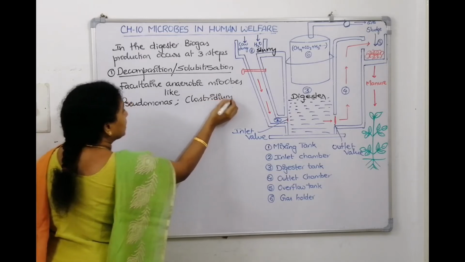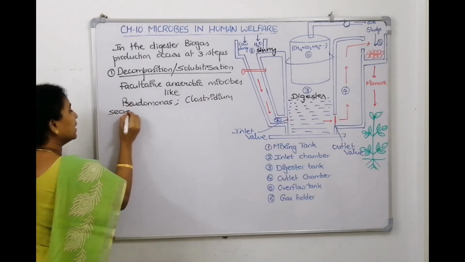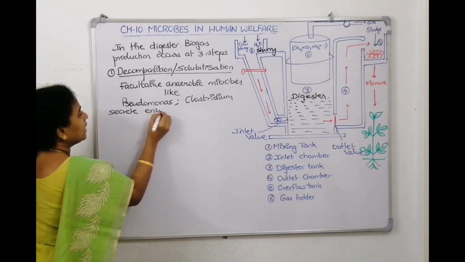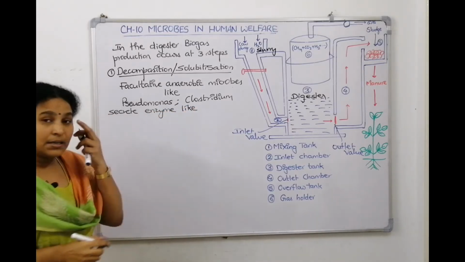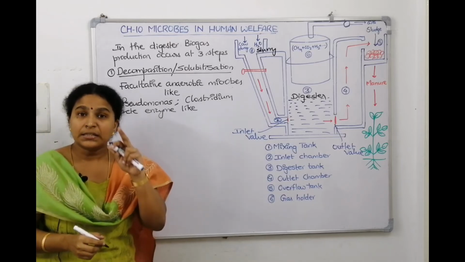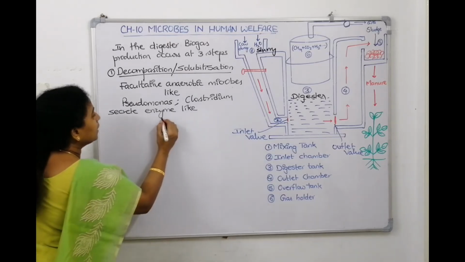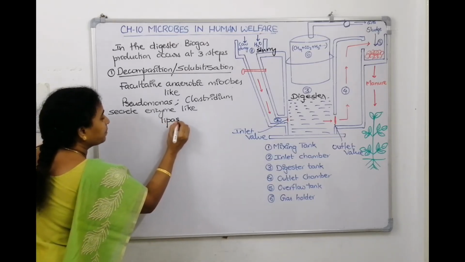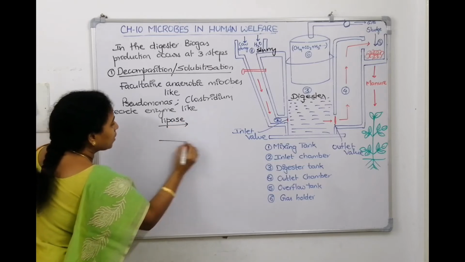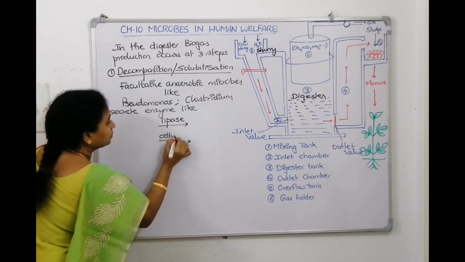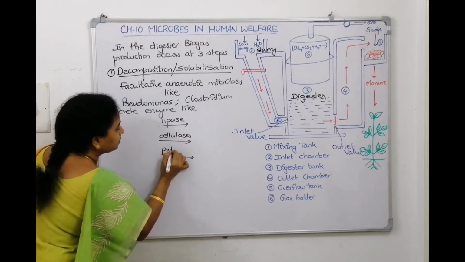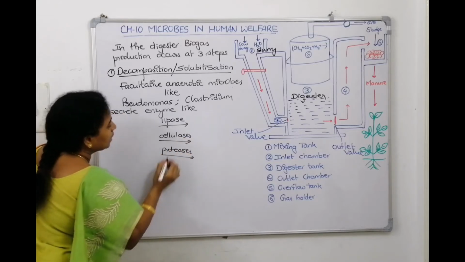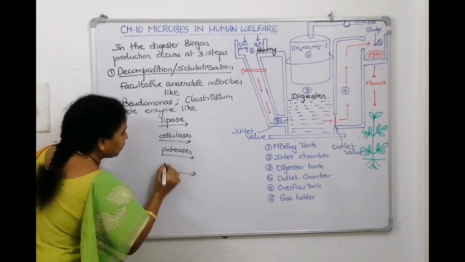Now these bacteria secrete enzymes. What are the enzymes these facultative anaerobic bacteria will secrete? They secrete enzymes like lipases, cellulases, proteases and pectinases.